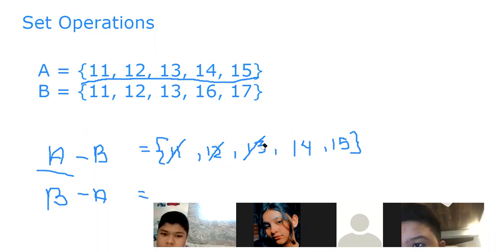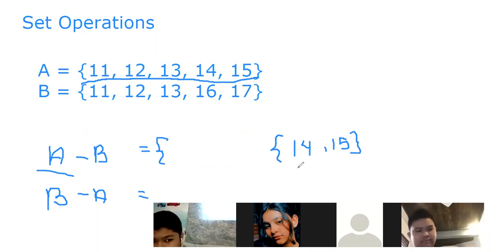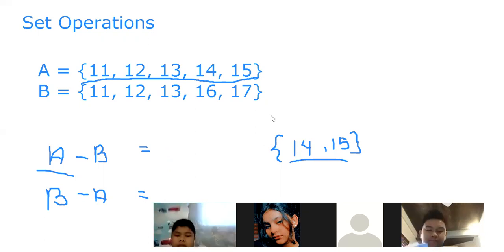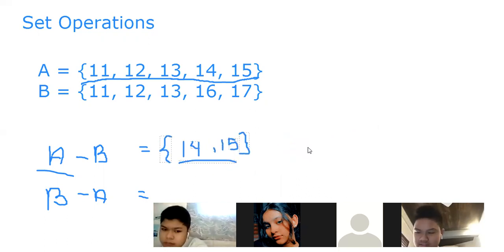Wala po. So, A minus B is 14 and 15 only. Okay? So, isulat nyo si set A, then ibabawas nyo sa kanya kung sino yung may set B. Kung sino matitira kay set A, that is A minus B. So, it will be 14 and 15. Kaya magkaiba si A minus B kaysa kay B minus A.